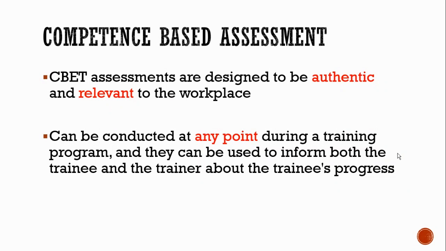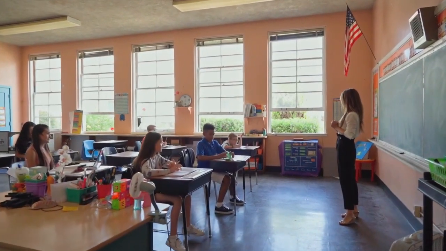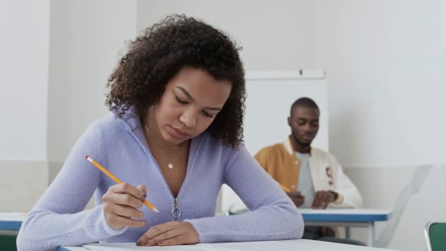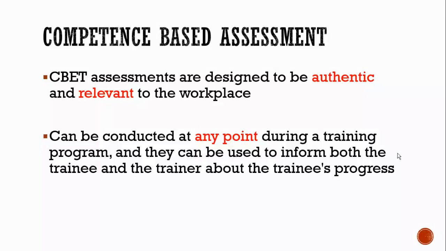It means that CBET assessments are designed to assess the skills, knowledge, and of course attitude that trainees need to be successful in their jobs. CBA, or competency-based assessments, are typically based on real-world tasks and scenarios. When you're talking about CBET, it's about real work situations. If you're able to assess that, then we are good to go.